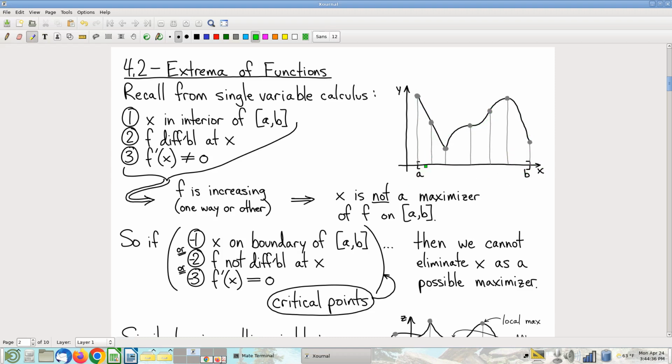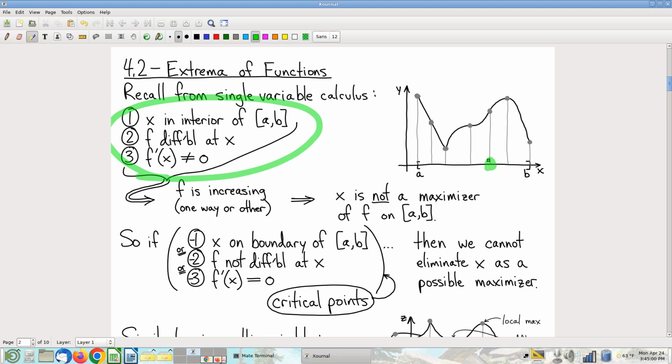Then here's what I'm going to call the main tool for single variable optimization, and this is what I'll call an elimination tool. This is a set of criteria which, if satisfied, allow me to eliminate a candidate point as being a possible maximum. For example, let's think about this point right here.